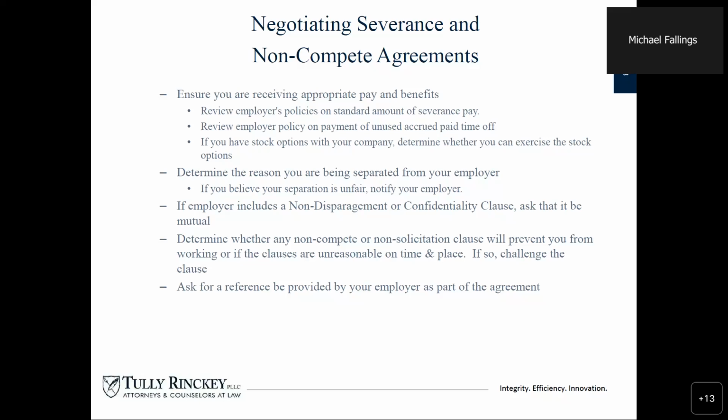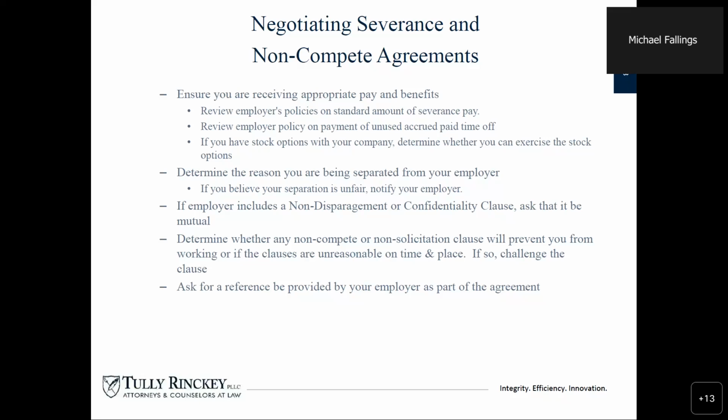As mentioned earlier, Texas does allow employers to include these clauses, but they still have to serve a business interest and they still have to be restricted. So if you believe the clause is unreasonable on its face, you should ask that the clause be revised.